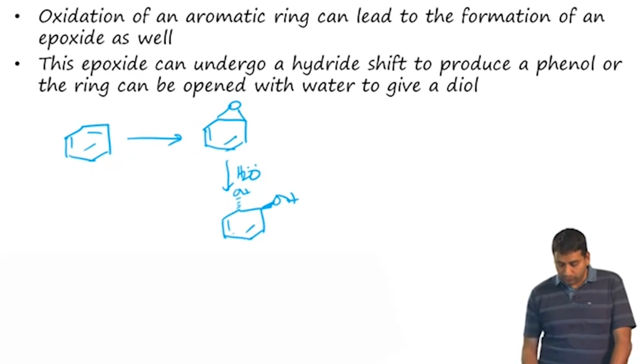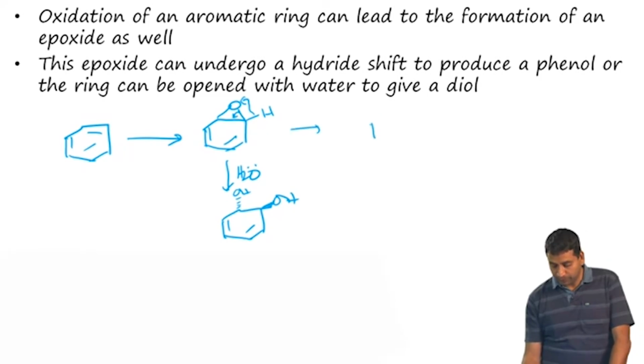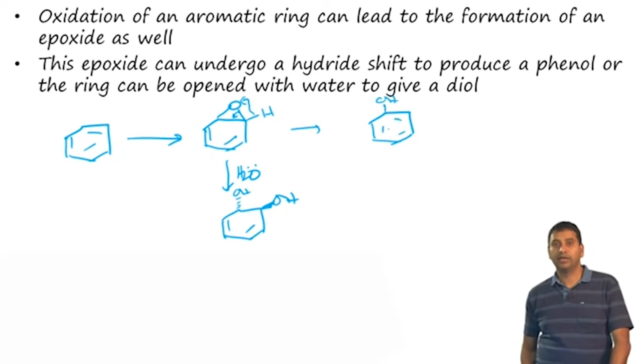But it is also possible that you have a hydride shift that can occur. So, you can think about the hydride shift like this, and it gives you the corresponding phenol, right.